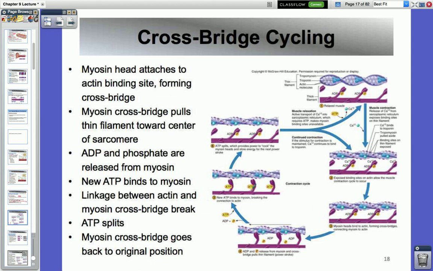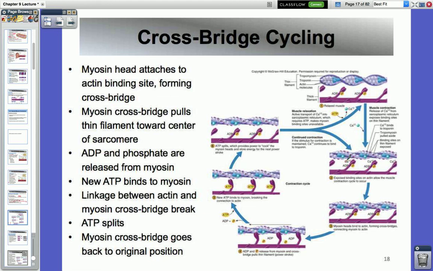It gives enough energy to break the bond between actin and myosin, which means, again, myosin is attached to something, but it's not actin. ATP then breaks down to ADP and phosphate, and the cycle continues over and over and over as long as calcium is available.